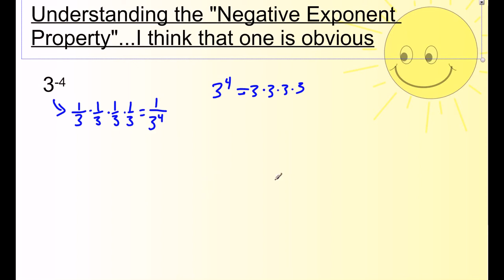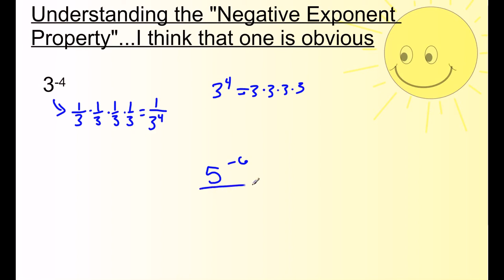So let me give you another example. If we had 5 to the negative 6th, there we go. That way I can move it around. So we have 5 to the negative 6th. If I want that negative to go away, I'm going to move it over the fraction bar. So this whole 5 and negative 6 comes down.